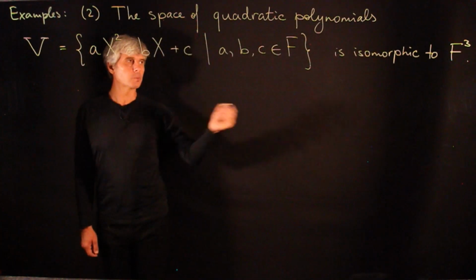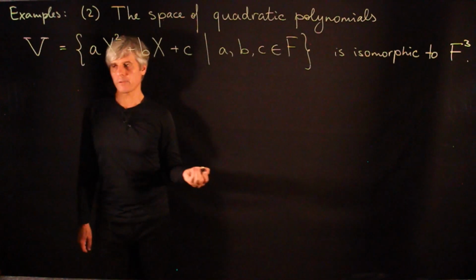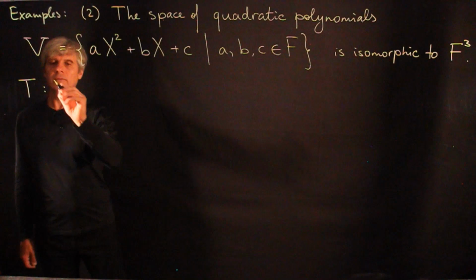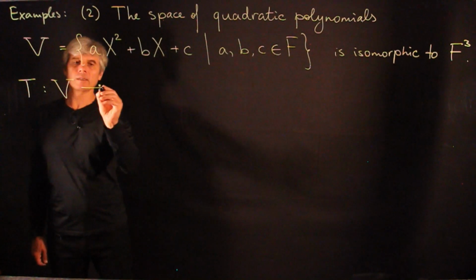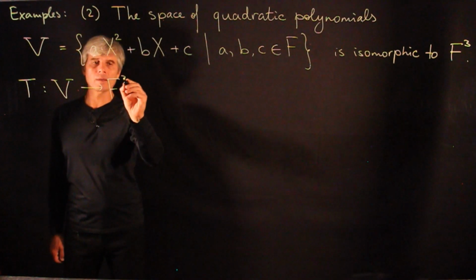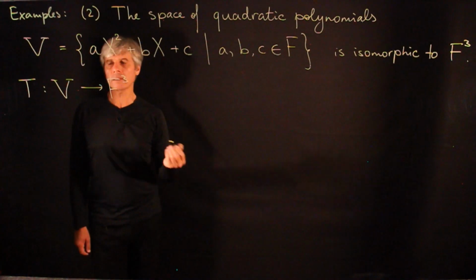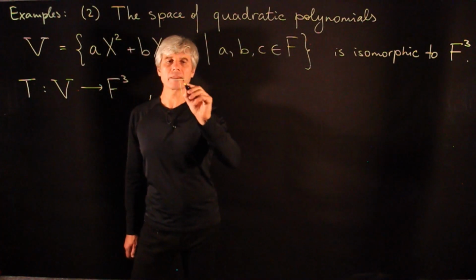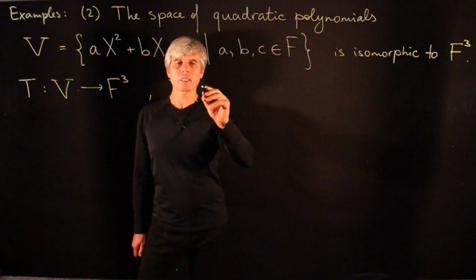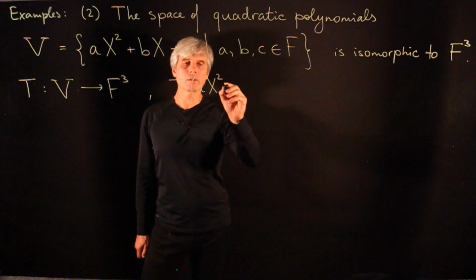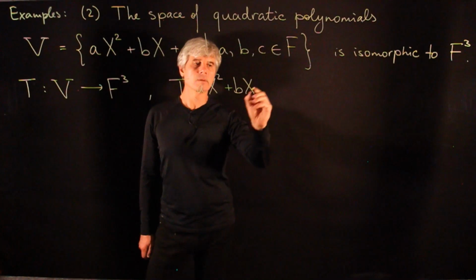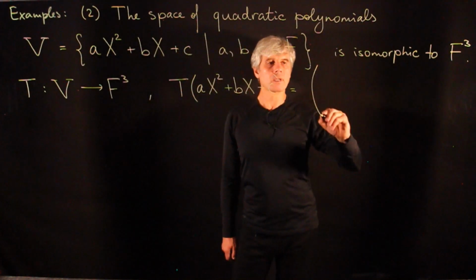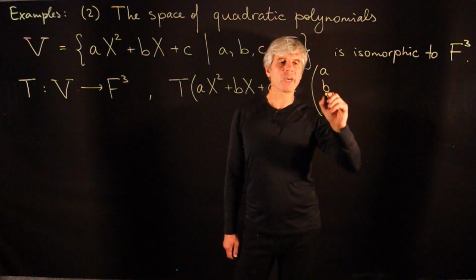And so to prove this, we construct an isomorphism. So we construct a map T from vector space V into F3. And clearly, the way to do it, we define that a polynomial ax squared plus bx plus c is transformed into a three-component vector ABC.